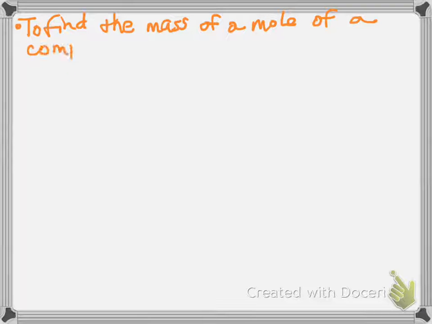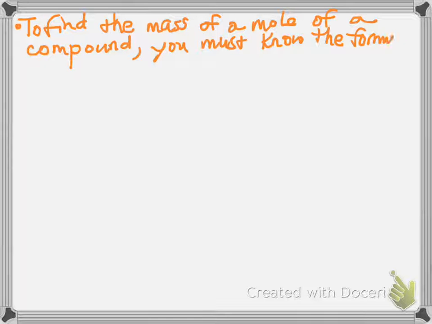Because what we were talking about just now was an element. You must know the formula of the compound. So again, this kind of goes back to that idea that you have to be able to write the chemical formula for ionic and molecular compounds.